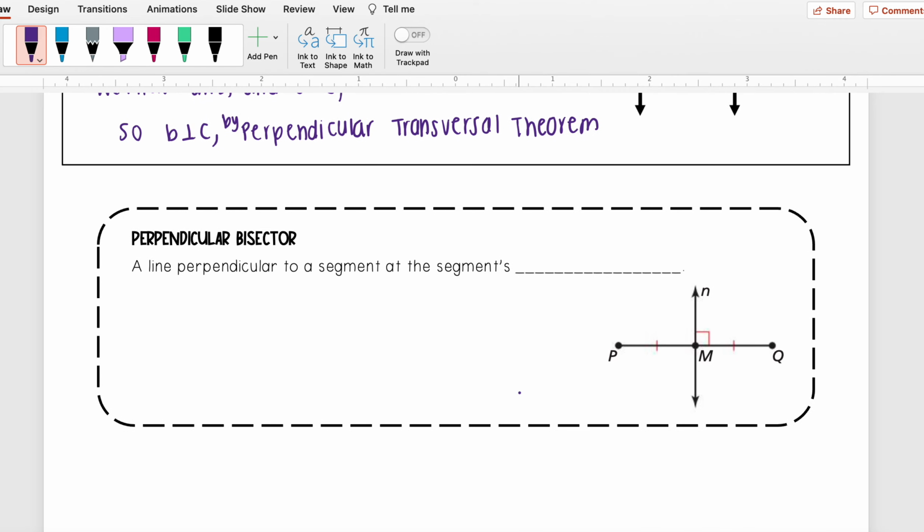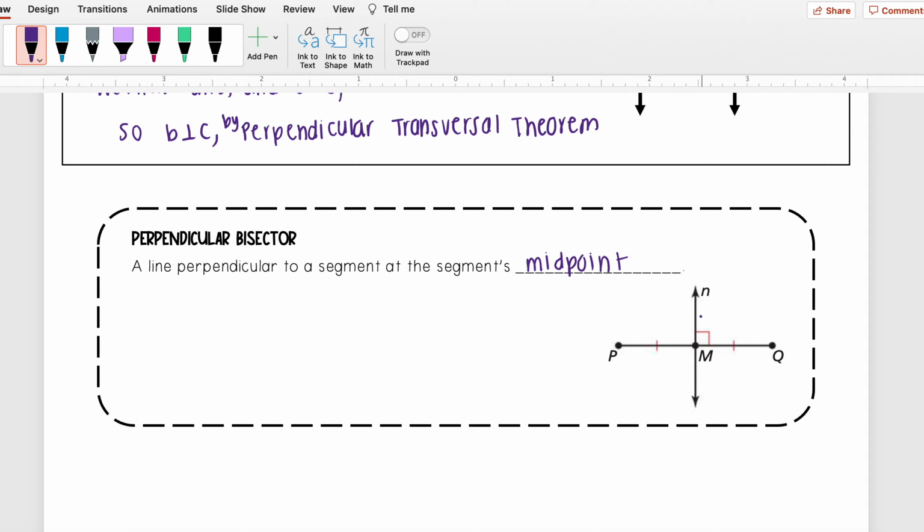And then the last thing is we have another term that we're going to learn about and we'll practice with more, which is the perpendicular bisector. That says that a line is perpendicular to a segment at the segment's midpoint. So a perpendicular bisector is just a line perpendicular to a segment at the segment's midpoint.